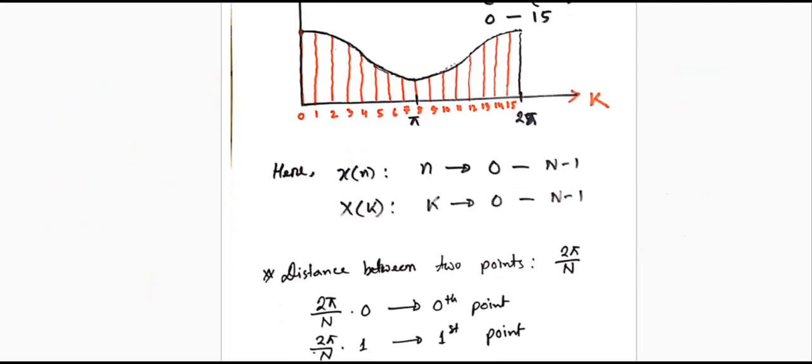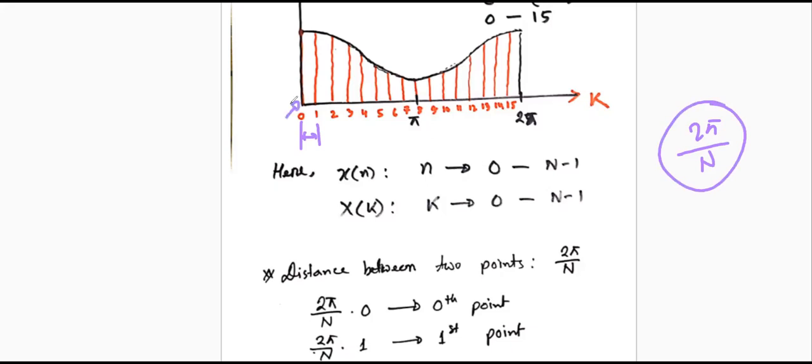Now, what is the distance between the 0th sample and the first sample? Of course, the total distance is twice pi, and it is segregated into capital N samples from 0 to twice pi. So that is the jump of the frequency.